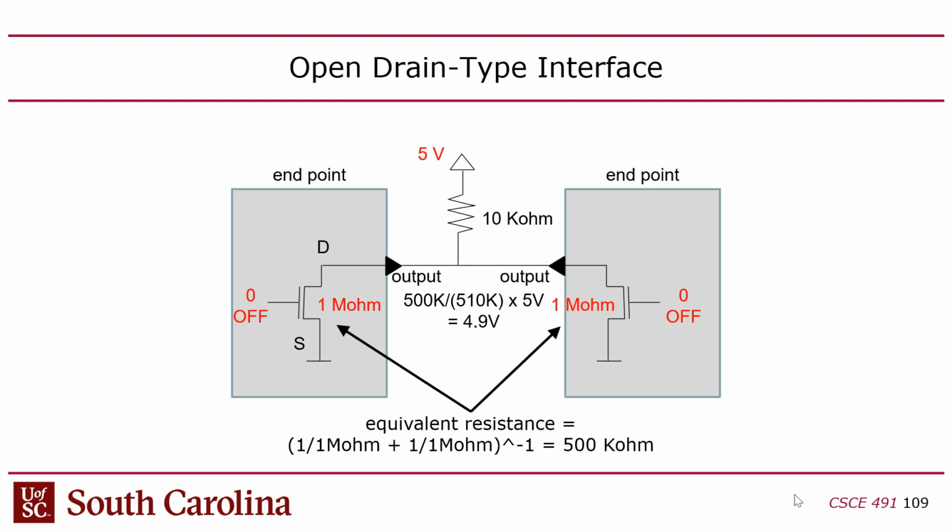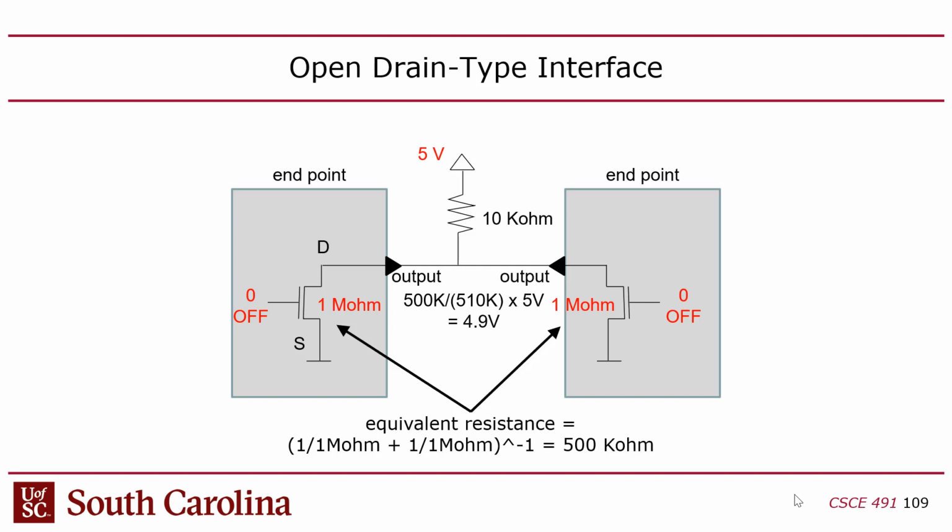What you end up with is a voltage divider, because when these transistors are turned off, they have an equivalent off resistance of 1 to 10 mega ohms. When you turn a transistor off, you think of it as disconnected, but in reality, it's just a very high resistance.